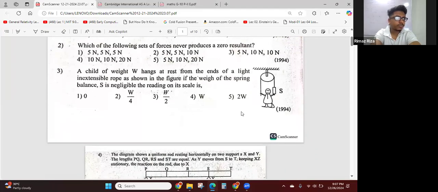Okay, question number 2. Which of the following sets of forces never produces a zero resultant? Drop your answers in the chat box.